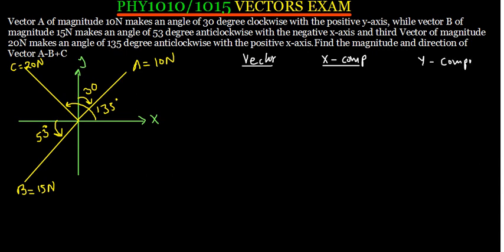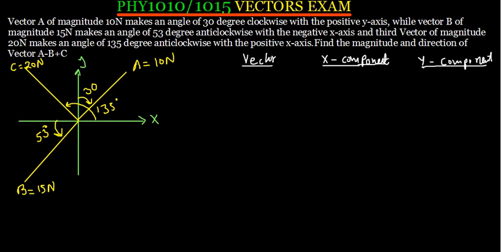For that one, 135, you look at the positive axis, because it says with the positive axis. This is the positive x-axis. This is where we started, and then we went anti-clockwise. We measured 135.